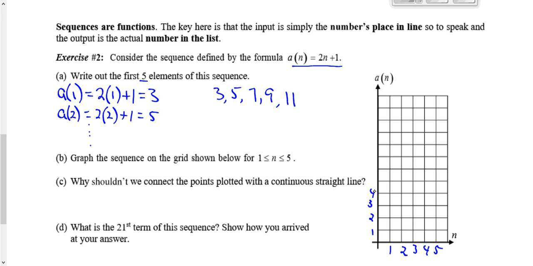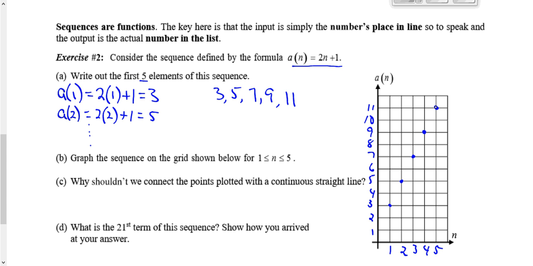It'll be 1 comma what? 3. 2 comma 5, you get the idea? And then 5, 11. But understand, we're not going to connect that with a line because there are no in-between values.